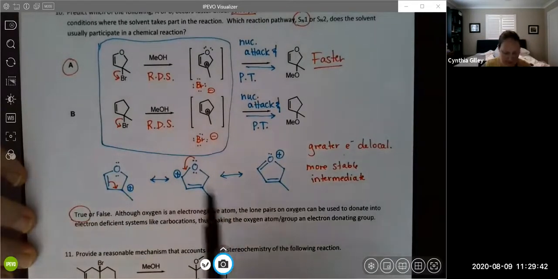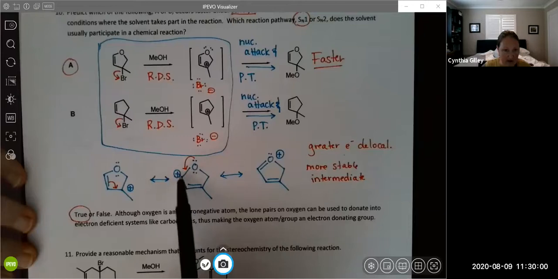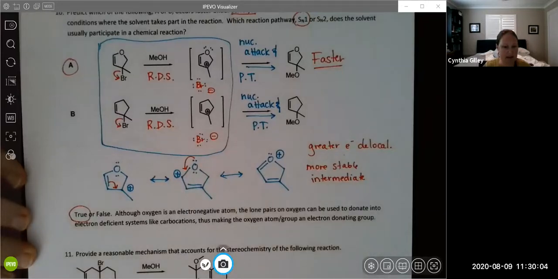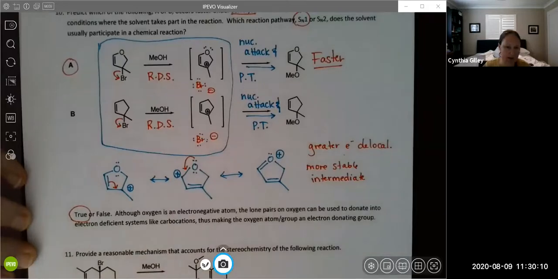You might think that the oxygen's presence here is destabilizing the positive charge by withdrawing electrons through induction, and that's true. This sigma bond is polar, and there is more electron density around oxygen than on carbon. So that makes this carbon have more of a positive charge and destabilizes it. However, the lone pair is able to be donated through resonance.